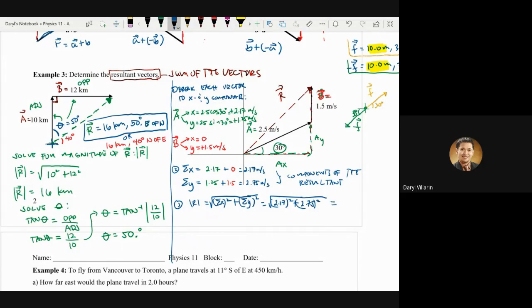And if you do that, you'll get an answer of 3.5 meters per second. So that's the magnitude of my resultant. So the last step, or at least second to the last step, would be solving for theta.